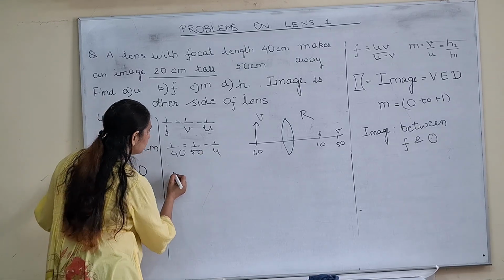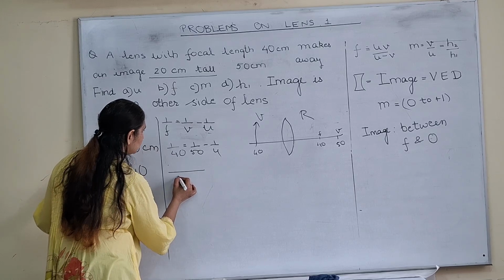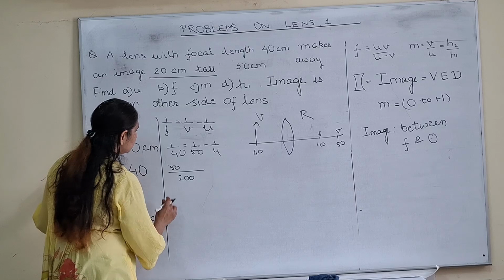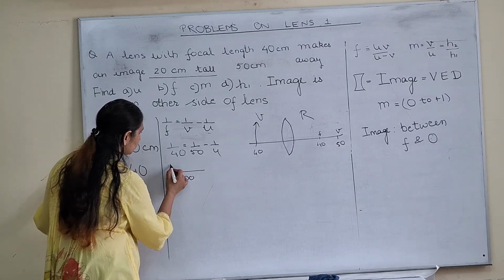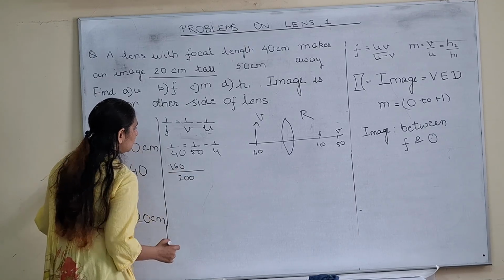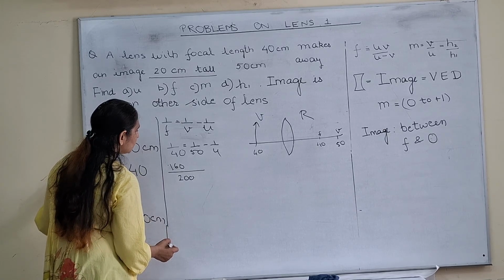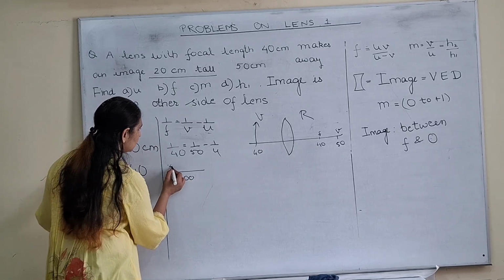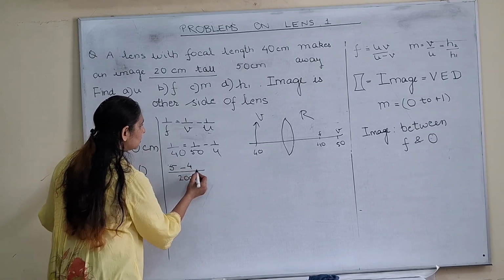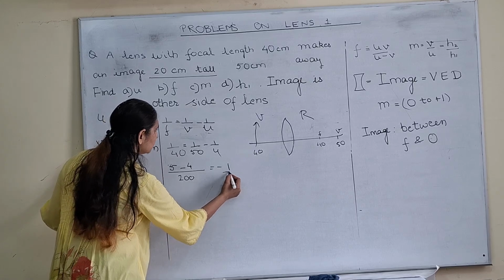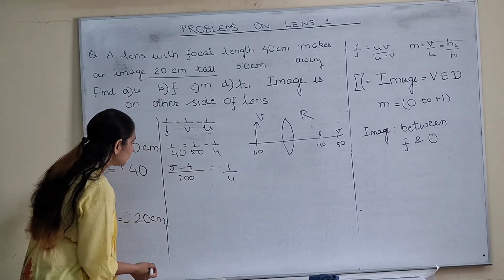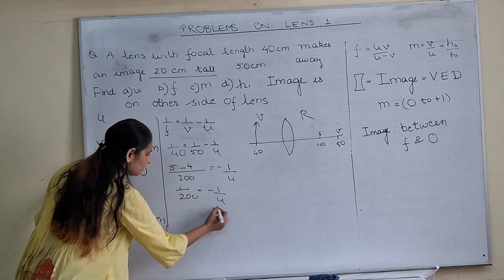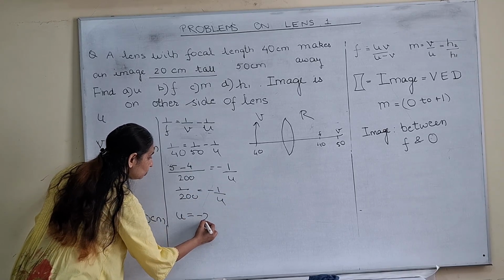Now we solve it. 1 by 200 is equal to minus 1 by u, which tells us that u is equal to minus 200.